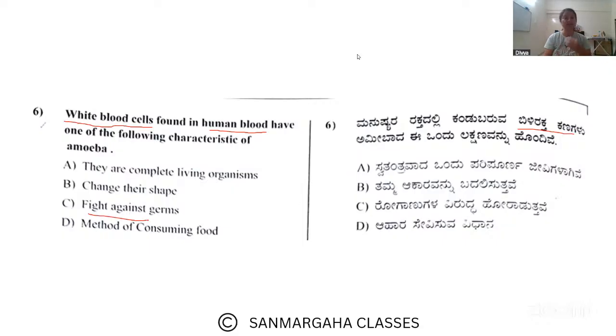They start multiplying and start fighting against them. Okay, this is one of the major comparisons that we can give along with amoeba. So here which one? Fights against germs, right?